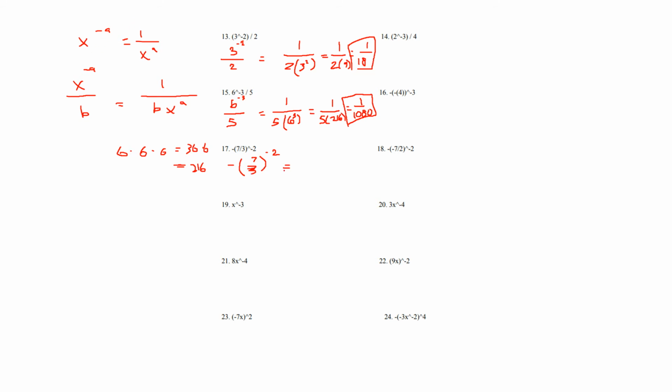So negative 7 over 3 to the power of negative 2. You could also just rewrite that as negative times 3 over 7 squared, just the reciprocal, and take away the negative in the exponent. So to simplify this, just distribute the exponent right here. So it's 3 squared, which is just 9. So negative 9 over 7 squared, which is 49. So negative 9 over 49 is your answer.